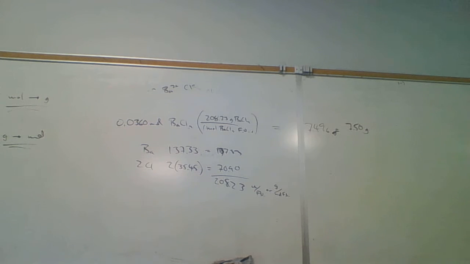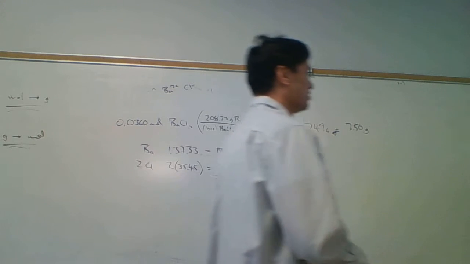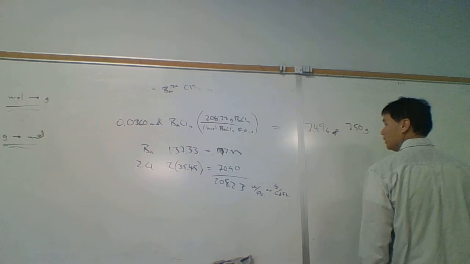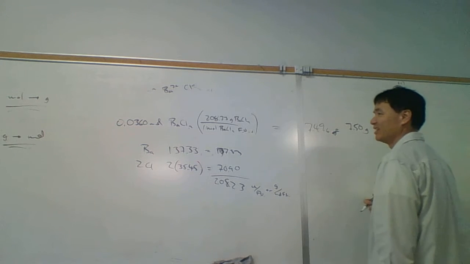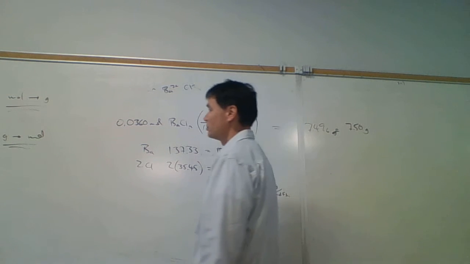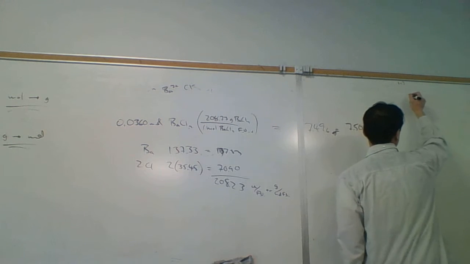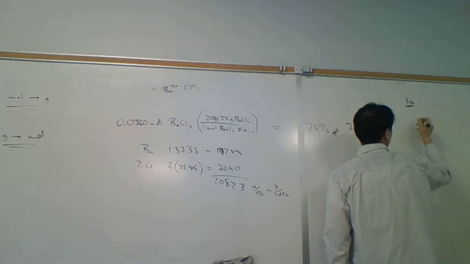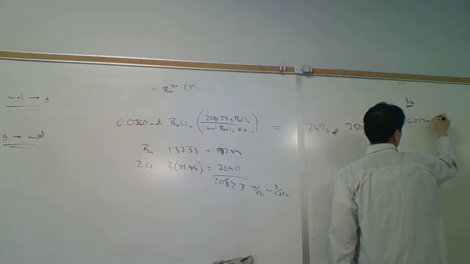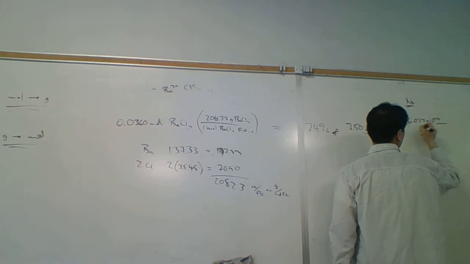Okay, now we're going to add on one other type of conversion. The next type of conversion that's common is using Avogadro's number. If we use Avogadro's number, N sub A, then we see that there are 6.022 times 10 to the 23rd of whatever per mole of whatever.